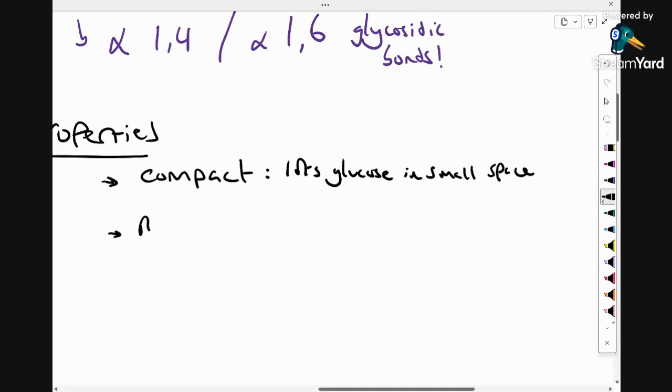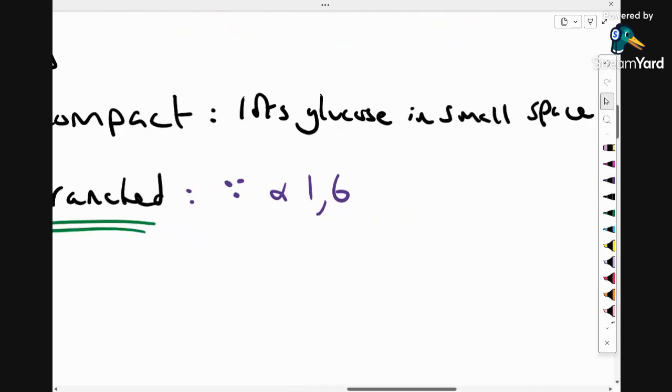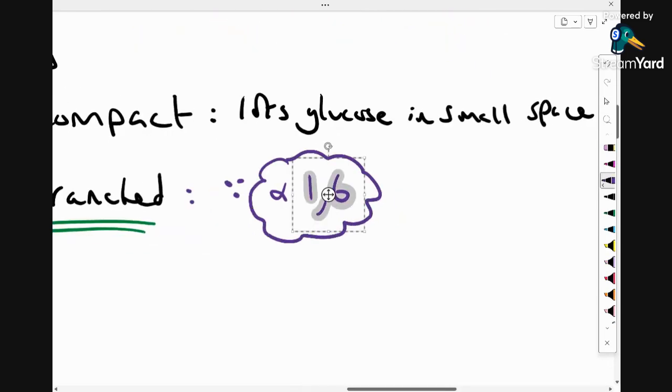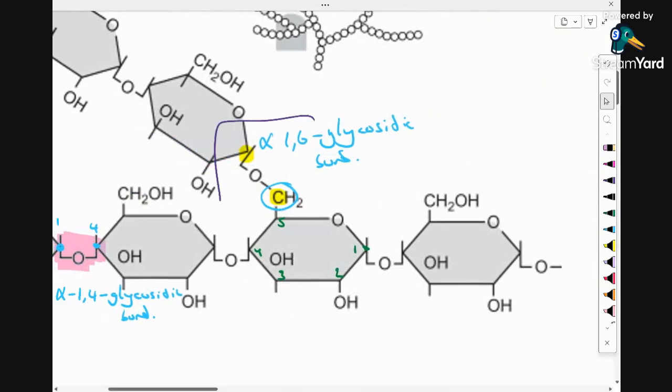The other thing, which is clear from the diagram, is it's branched. It's got a branch structure. That word is very important, branched. And it is branched because not only do we have alpha 1,4, but we can also have alpha 1,6 glycosidic bonds. Okay? We can have alpha 1,6, which means we can branch, as we've shown here.